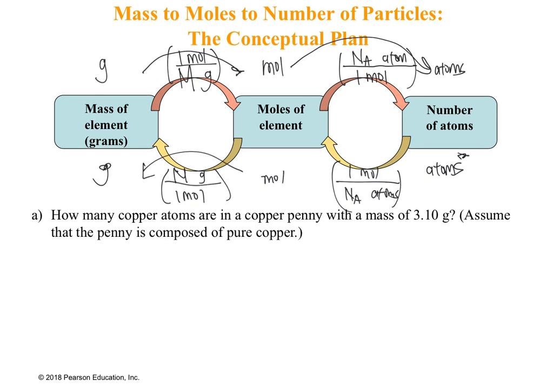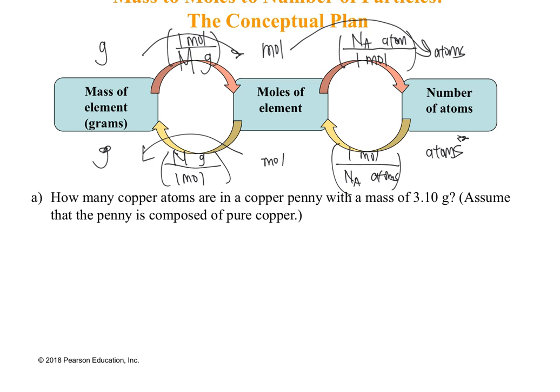So let's practice. How many copper atoms are in a penny with a mass of 3.10 grams of copper? So I want to find out copper atoms. All right, so we are in this phase where we need to get to moles. No matter what, we're going to moles. So I want my grams to go on bottom, and I'm always going to have 1 mole up top.